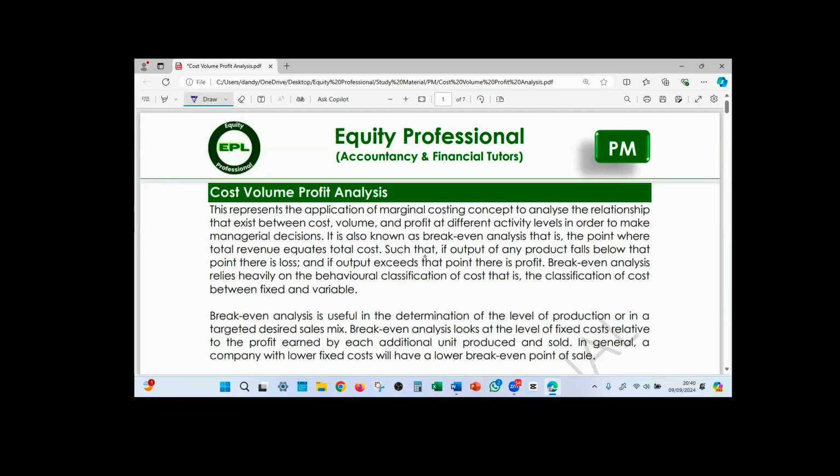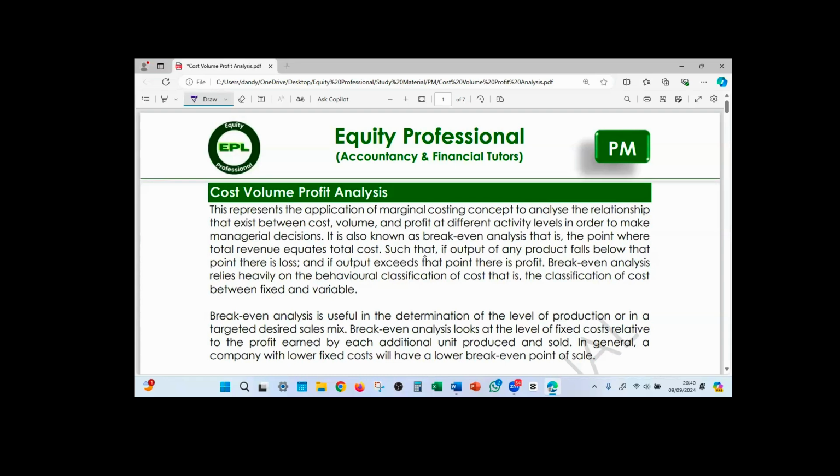So you want to know the relationship between cost, units, and also profits at different activity levels. Units is the same thing as volume. This is in order to aid managerial decision. The CVP analysis, cost volume analysis, is also known as break-even analysis.